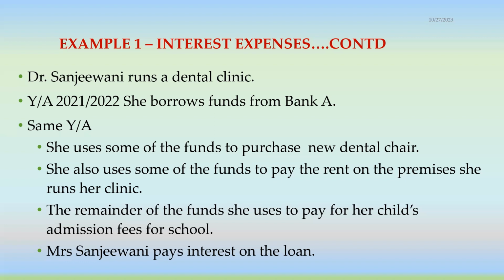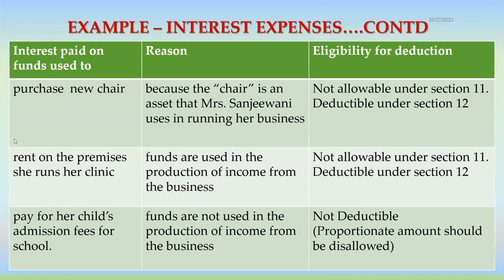According to that, she has to apportion those expenses and calculate the interest for each purpose. So in this case, purchase of the new chair, that is a chair that is used in running her business, that is not allowable under section 11, but deductible under section 12.